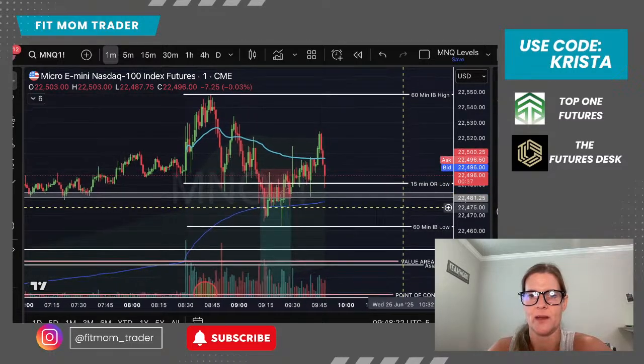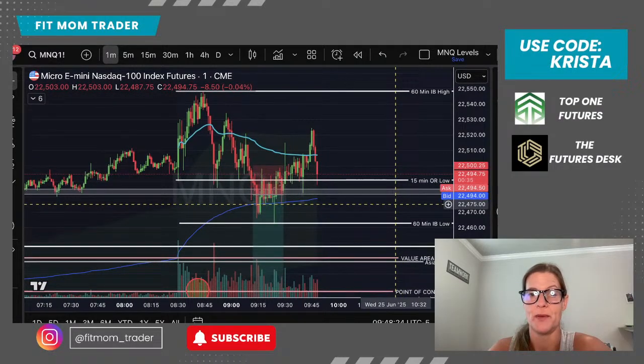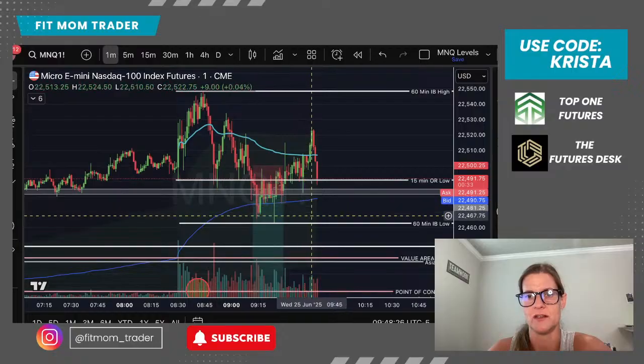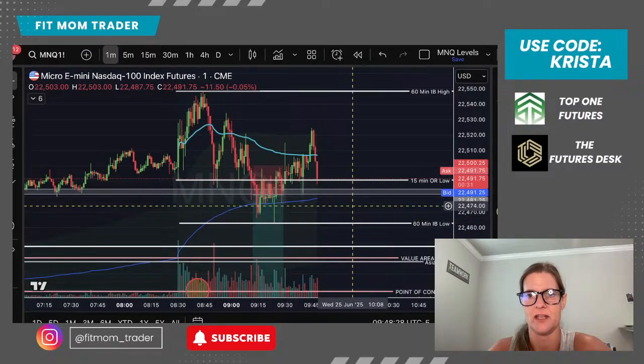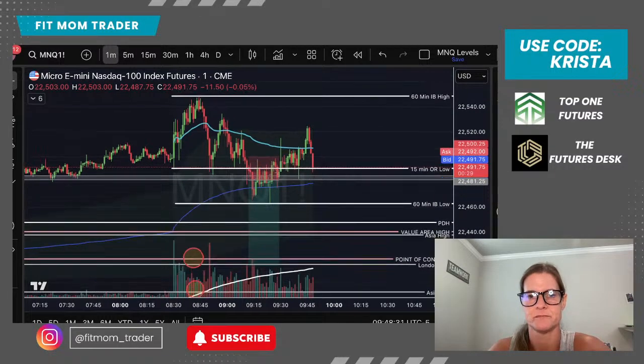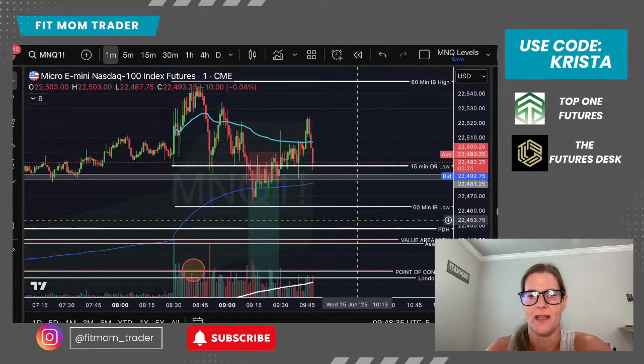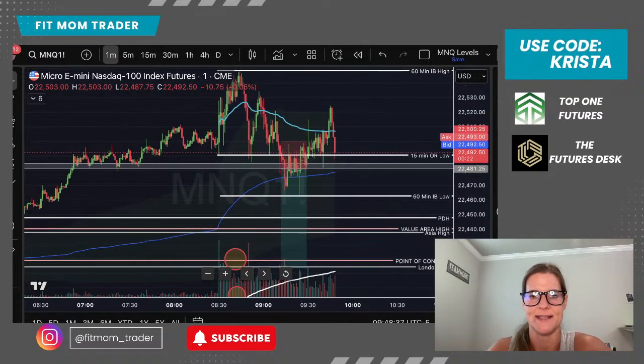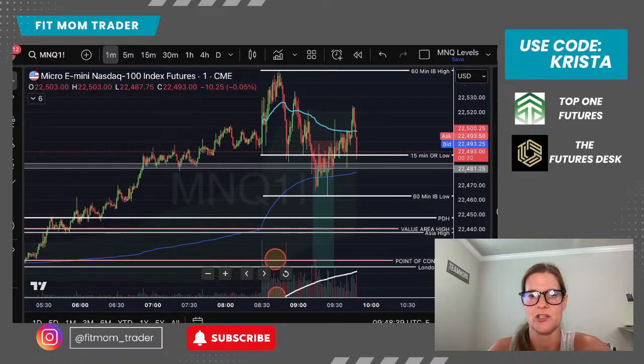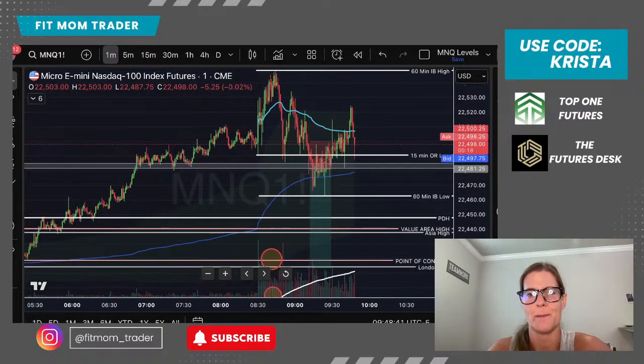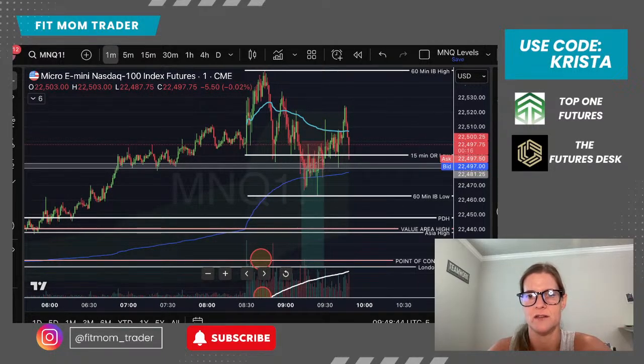All right, now that we're coming lower, we could possibly, again, look for a failed auction on the downside of the initial balance low. My A+ setup, ideal situation is a liquidity grab plus a failed auction.